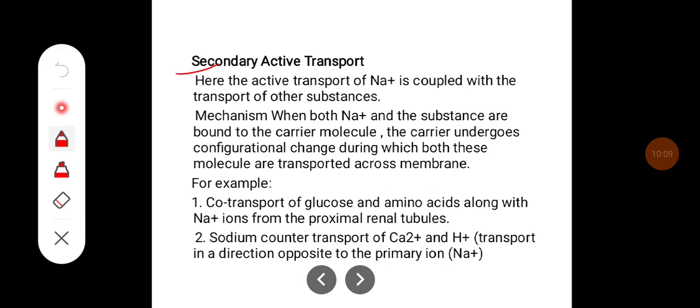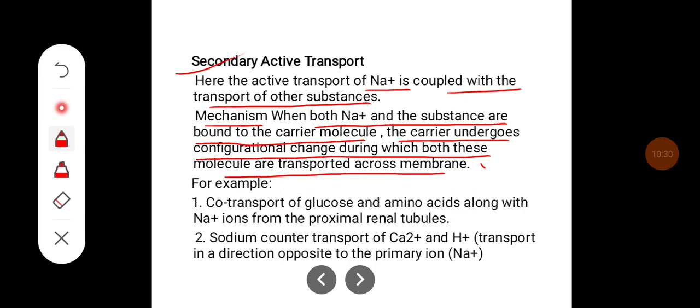Coming to secondary active transport, here the active transport of sodium is coupled with the transport of other substances. Mechanism: when both sodium and the substance are bound to the carrier molecule, the carrier undergoes configurational change during which both these molecules are transported across the cell membrane.